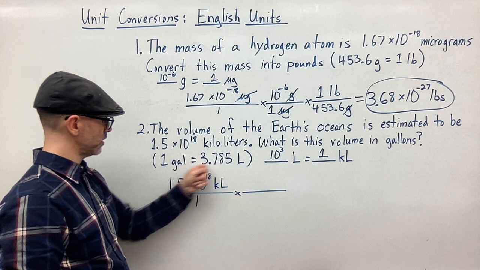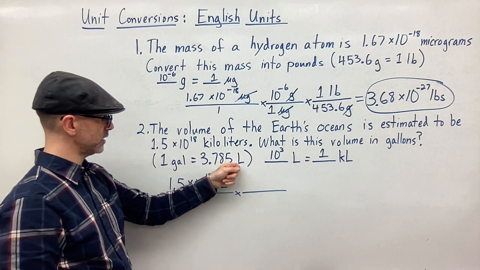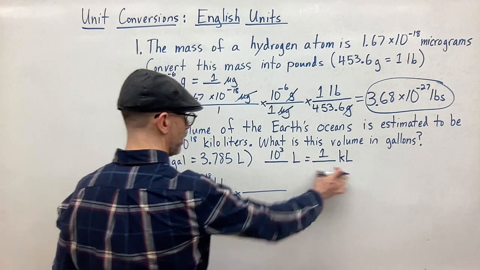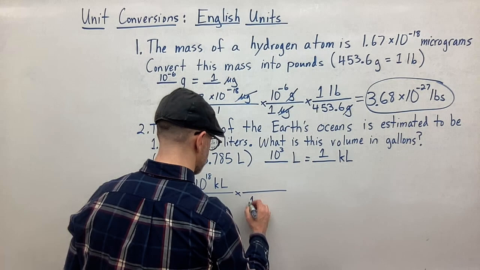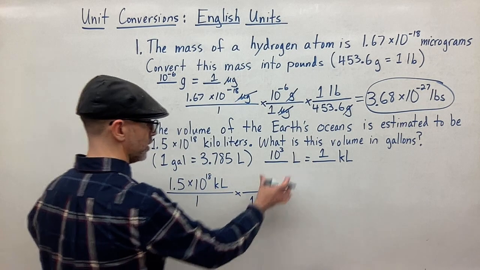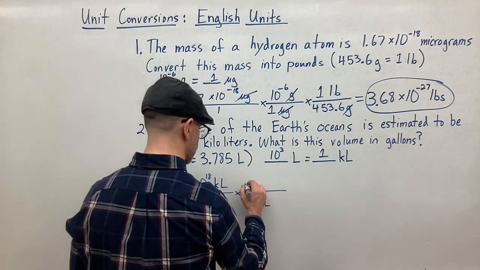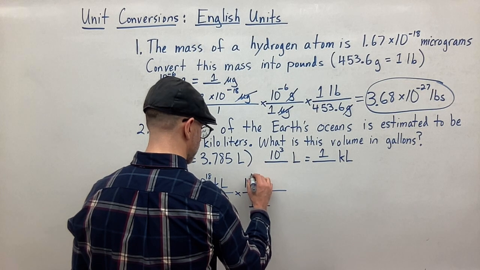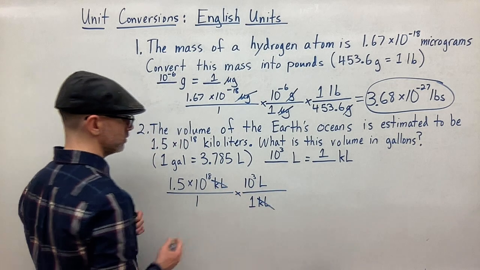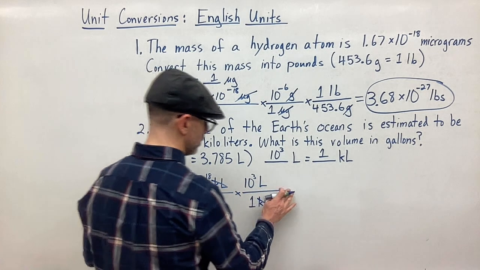I can't use this conversion factor until I get the liters, so I'm going to have to use this here. So 1 kiloliter goes on the bottom because I have kiloliters here. I want them to cancel out. So that means 10 to the third liters goes on top. So kiloliters cancels out. Now I have liters.